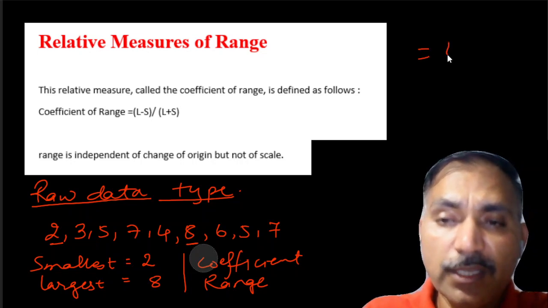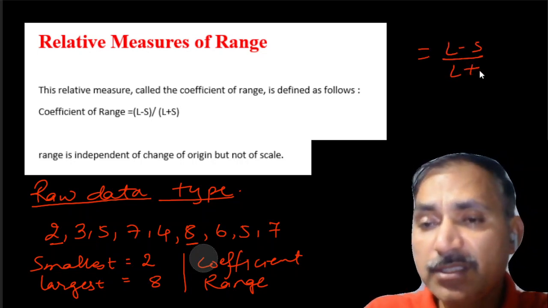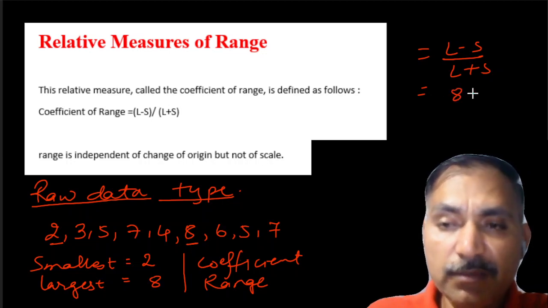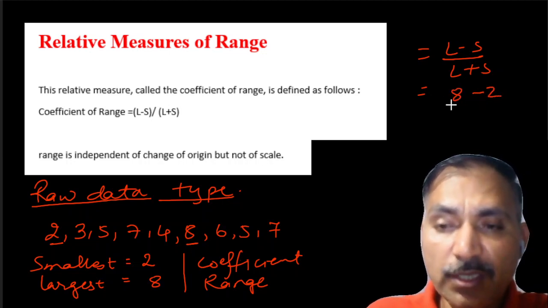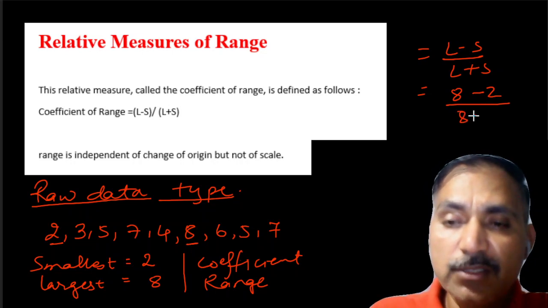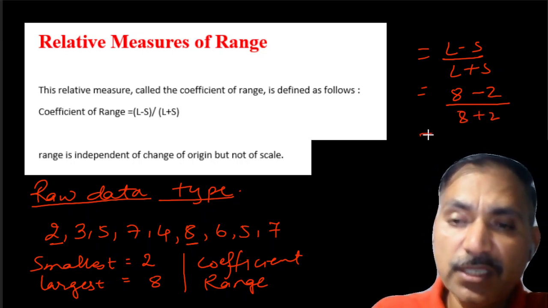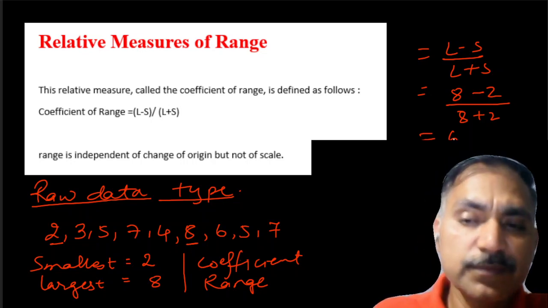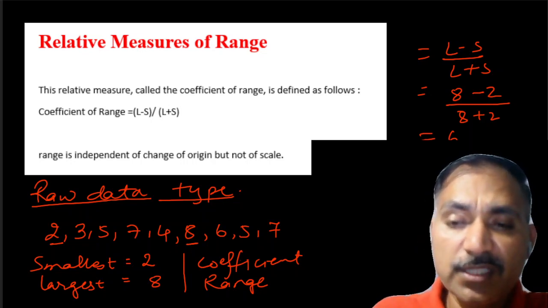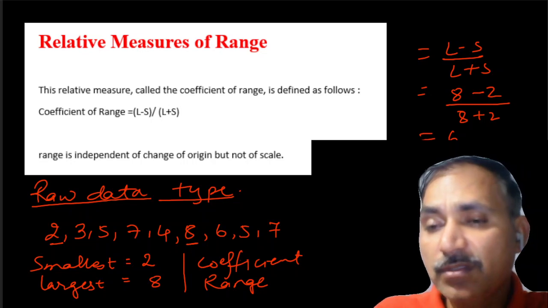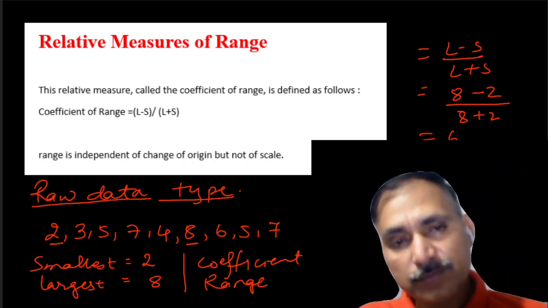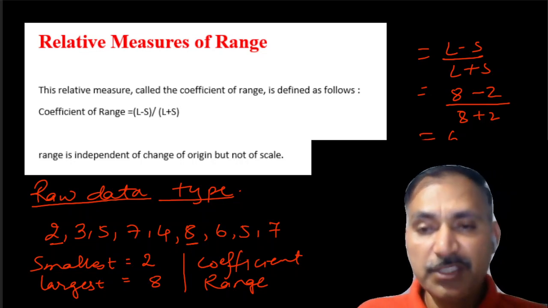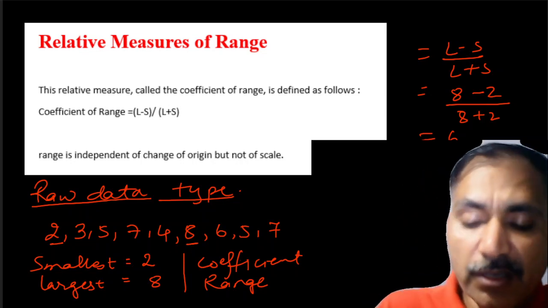That is equal to L minus S upon L plus S. So L is 8, minus S, that is 2, divided by 8 plus 2. 8 minus 2 is 6, and 6 divided by 10 comes as 0.6. This is your answer, the coefficient of range. This one was about the raw data.